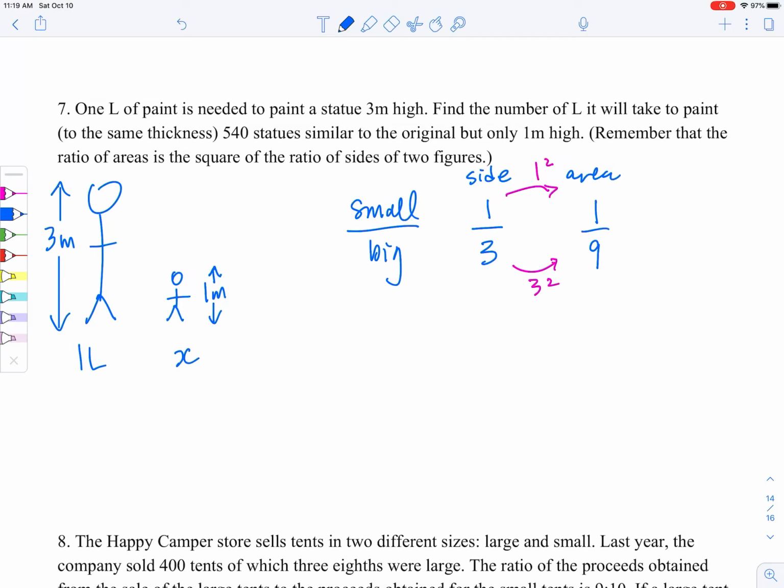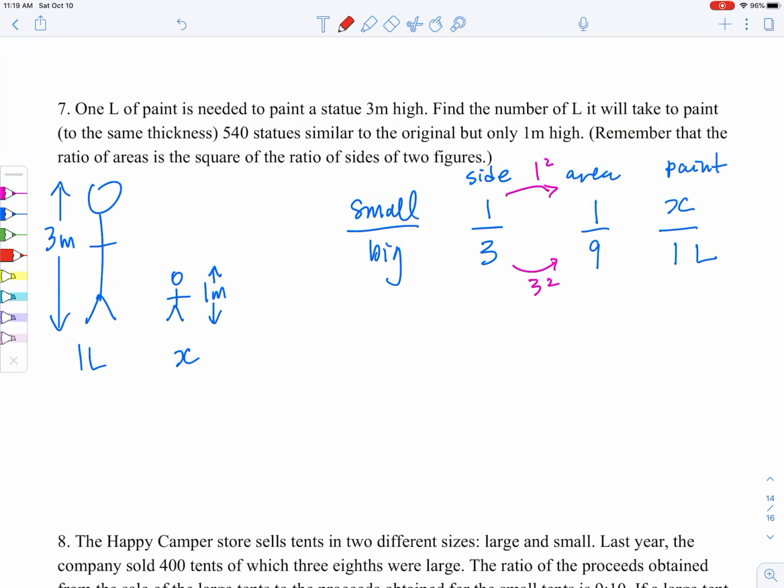So then if we look at the ratio of paint, for the small one, we don't know how much paint it's going to need, but for the big one, we know that it was 1 liter. And we're going to use this and relate it to the amount of area, because paint, remember, deals with surface area.